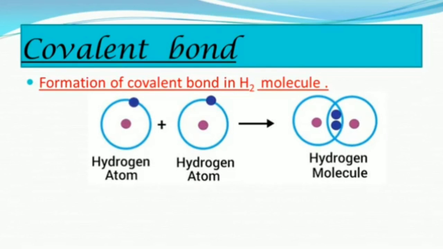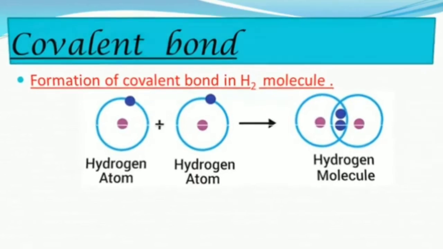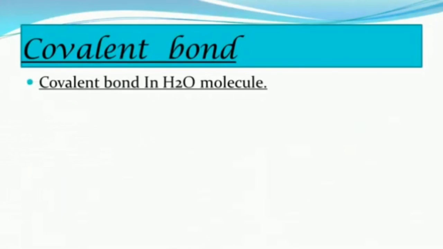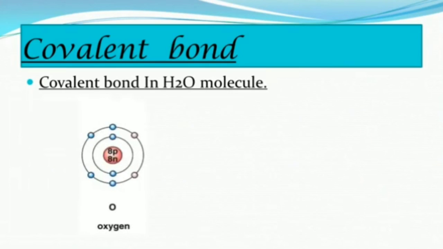So children, the H2 molecule from two hydrogen atoms, using the diagrammatic representation of electronic configuration, we can see on the screen. Now we'll see the next example, covalent bond in the H2O molecule, that is the water molecule.